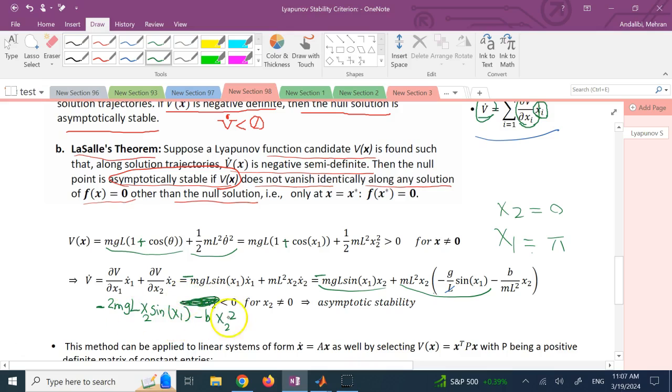Now, can I make sure that this term here is always negative? Well, clearly this one is, at x2 of around 0. What about this guy? If x2 is not 0, let's assume for a moment x2 is not equal to 0 and x1 is around pi.